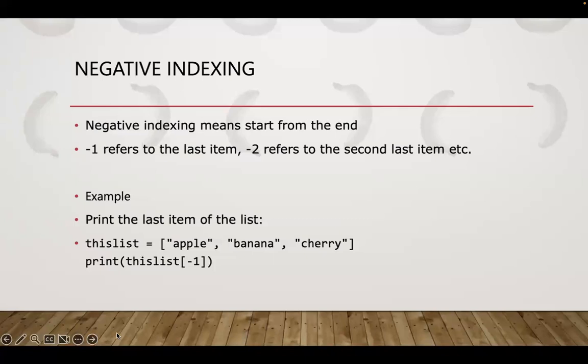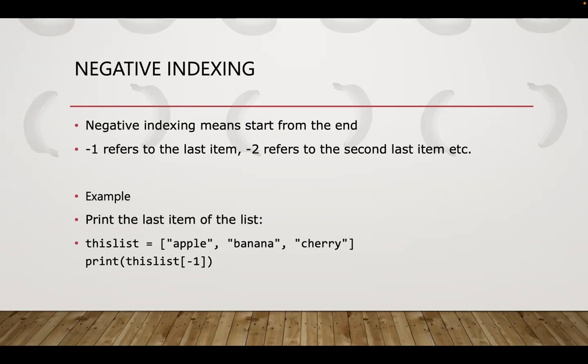Now let's move on to the next one, negative indexing. I already talked about all of this before, so I'm not expecting you to find it difficult, but I'll go over it again so that we can have a better understanding. Negative indexing is indexing from the back.